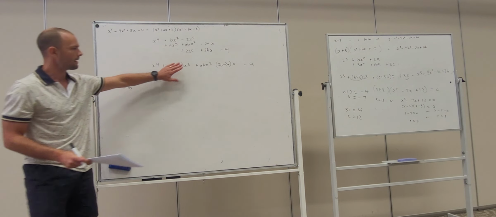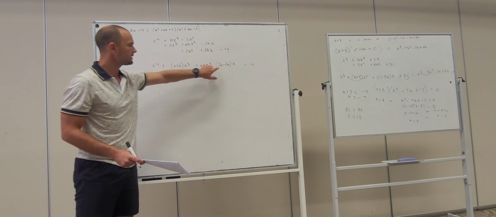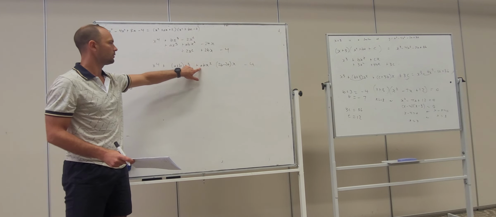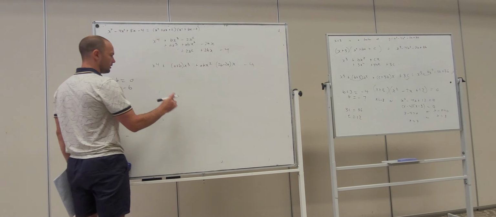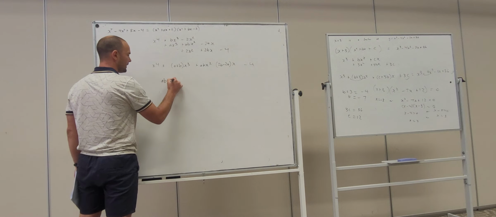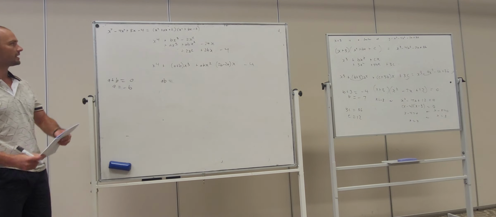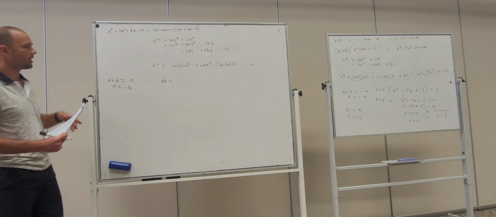So I've used that first piece of information. Now we can use either of these. This one's a product, so it doesn't really matter which one we do. Let's go with this one then. a times b is equal to the x squared term, which is minus 4.